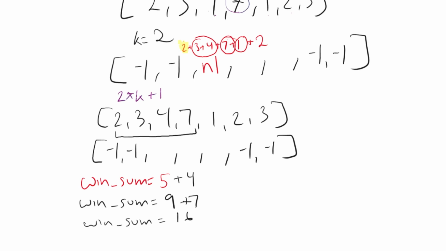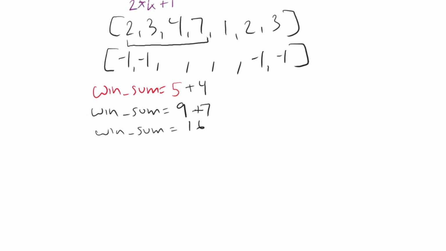And then we add 1, so we get a window sum of 17. So now our window is this, and we now know that our window is of size 2 times k plus 1. We know our window is of size 5. This is where we stop and we calculate our average.